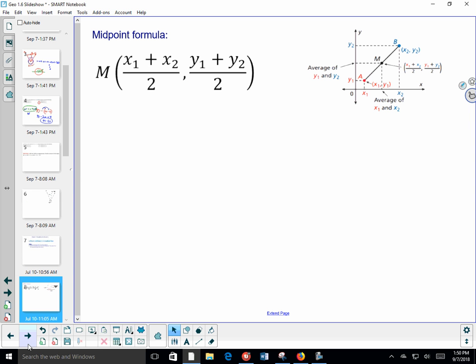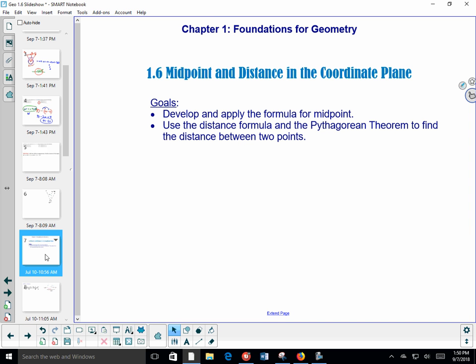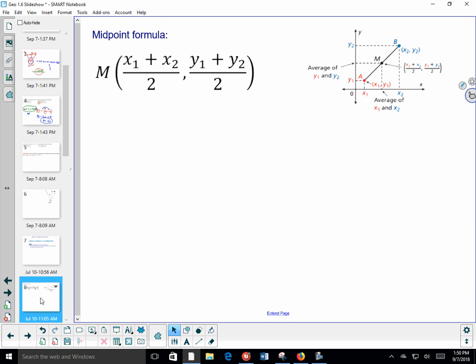So let's remember what the midpoint formula says. Again, section 1.6, midpoint and distance in the coordinate plane. Those are the goals we just talked about. So here's our midpoint formula.